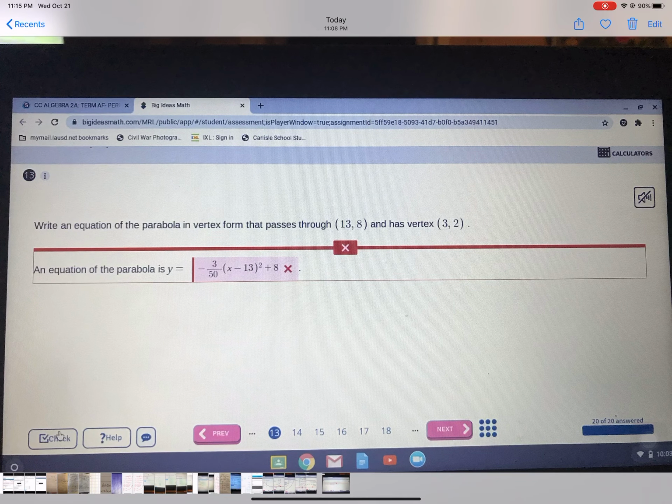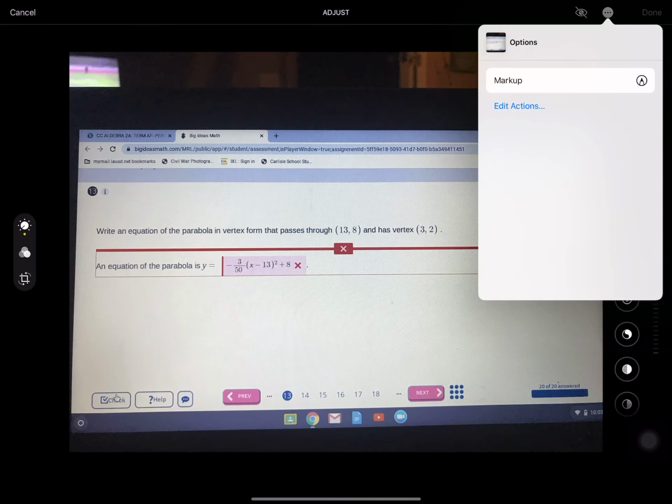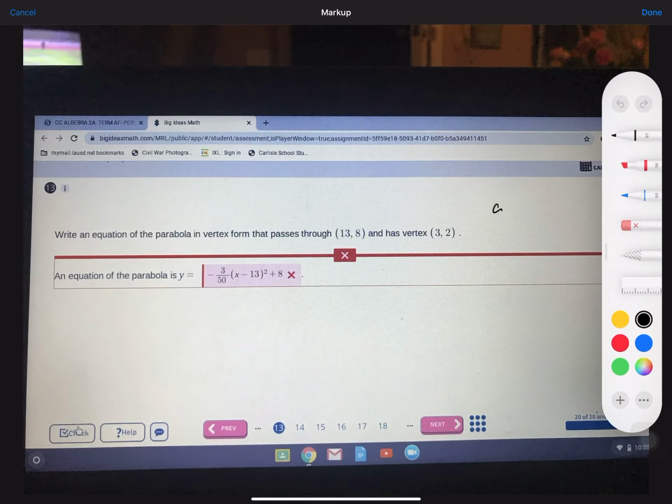Okay, write the equation of the parabola in vertex form that passes through the 2 points. So for this problem, we use our formula once again: y is equal to a(x − h) squared plus k. It passes through this point, so this is our x and y, and our vertex is h and k. So we have everything we need.